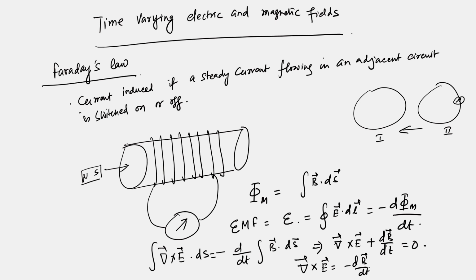And this minus sign is important, and this minus sign is given by Lenz's law, which tells you that the direction of the induced current would be such that it resists the change in the magnetic flux through the circuit. Okay. So, this is Faraday's law and Lenz's law combined, which gives you how the space varying electric field is linked with the time varying magnetic field.